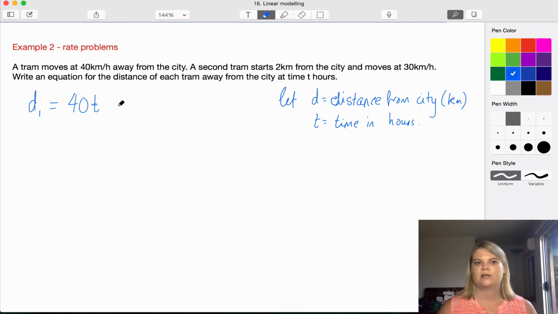And there won't be a y-intercept, so it's just a rate. And the second tram goes at 30 kilometers per hour, so that will be 30 times t. But it starts 2 kilometers from the city, so we add on 2 kilometers there. D1, D2, done.